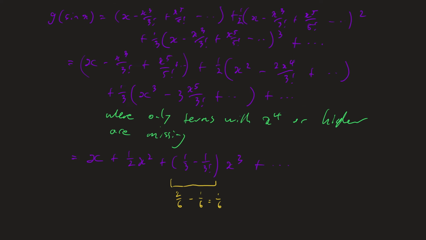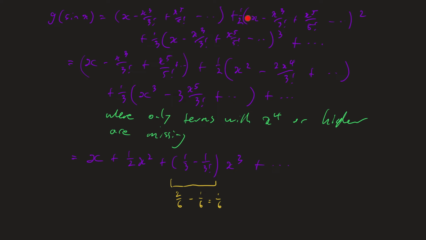To both summarize what we have done so far and to complete the calculation, we wanted to compute the Taylor series of g of sine of x, given the Taylor series for sine of x and of g of x. Inside each of the brackets is the Taylor series for sine of x, because that forms the argument to g of x, and then outside the brackets we essentially have the Taylor series for g.